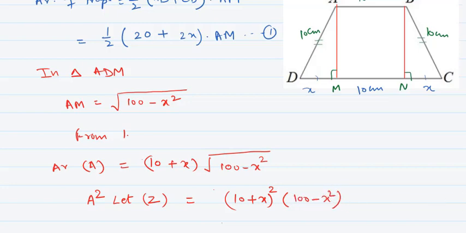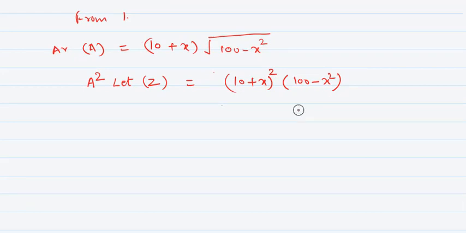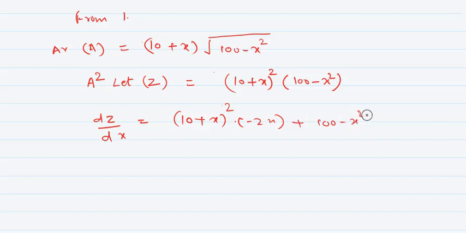Now it is very easy to calculate its derivative by using the product rule. You know that the first step is to calculate dz upon dx, which is clearly 10 plus x whole square into minus 2x, plus 100 minus x square into 2 into 10 plus x into 1. So let us take common 2 into 10 plus x.